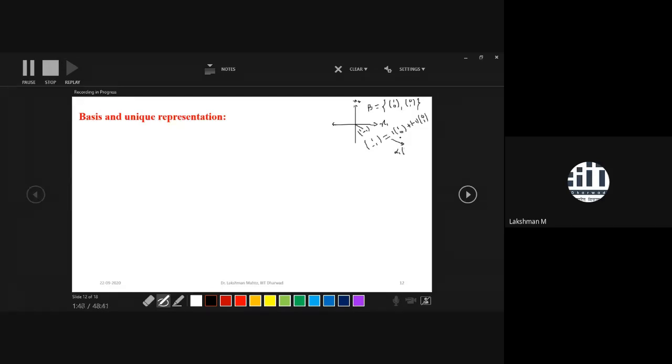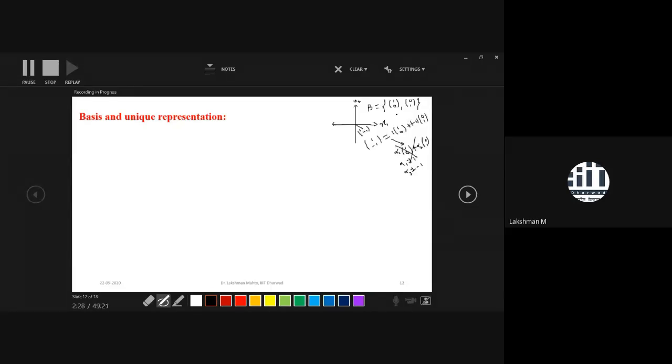We can't say, for example, alpha 1 times (1, 0) and alpha 2 times (0, 1) with other values. It is not possible to find another representation with alpha 1 not equal to 1 and alpha 2 not equal to minus 1. Uniqueness means it has only one representation. So for a second representation, with alpha 1 not equal to 1 and alpha 2 not equal to minus 1, this is impossible with respect to this basis.